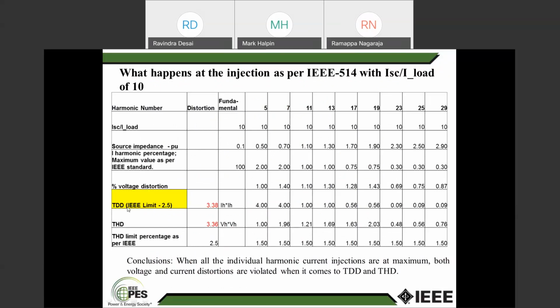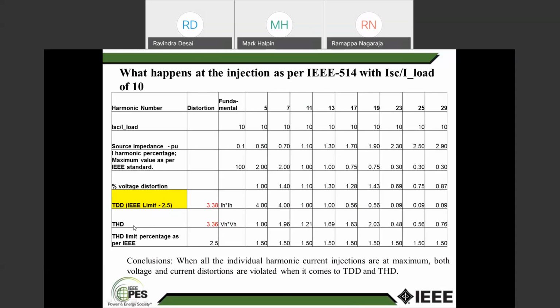Total demand distortion, TDD, is the square root of the sum of the squares of the current distortions. It comes to 3.38.